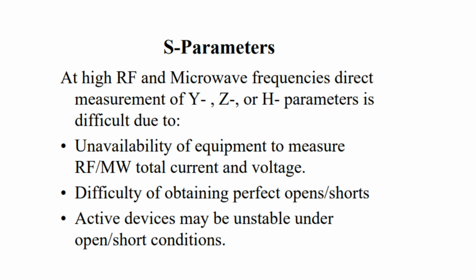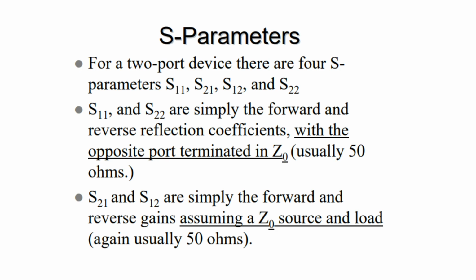So, S parameters. At high RF and microwave frequencies, direct measurement of Y, Z and H parameters is difficult due to the unavailability of equipment to measure total RF and microwave current and voltage, and the difficulty of obtaining perfect opens and shorts, and active devices may be unstable under open and short conditions. So for a two-port device, there are 4 S parameters: S11, S21, S12 and S22.